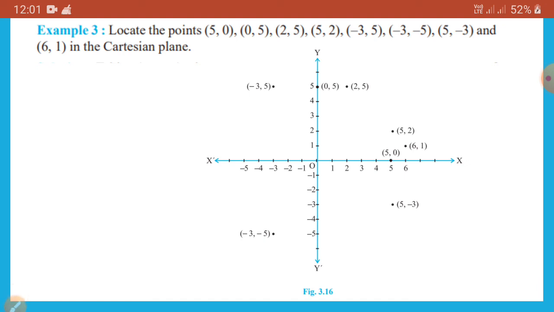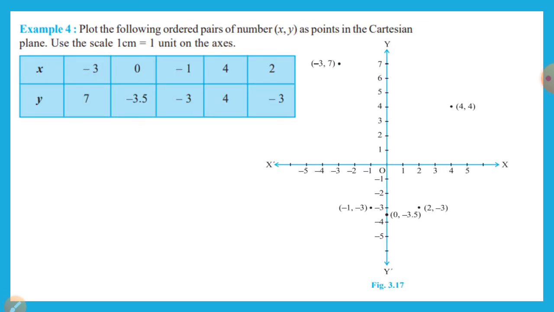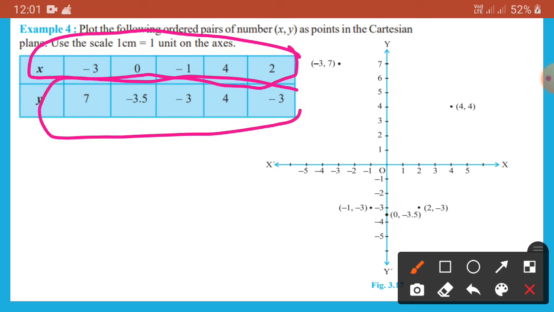Okay, now example 4. Plot the following ordered pairs of numbers (x, y) as points in the Cartesian plane and use the scale 1 cm equal to 1 unit on the axis. Okay, so here the values of x are here and the values of y are here. That means the first coordinates will be (-3, 7).